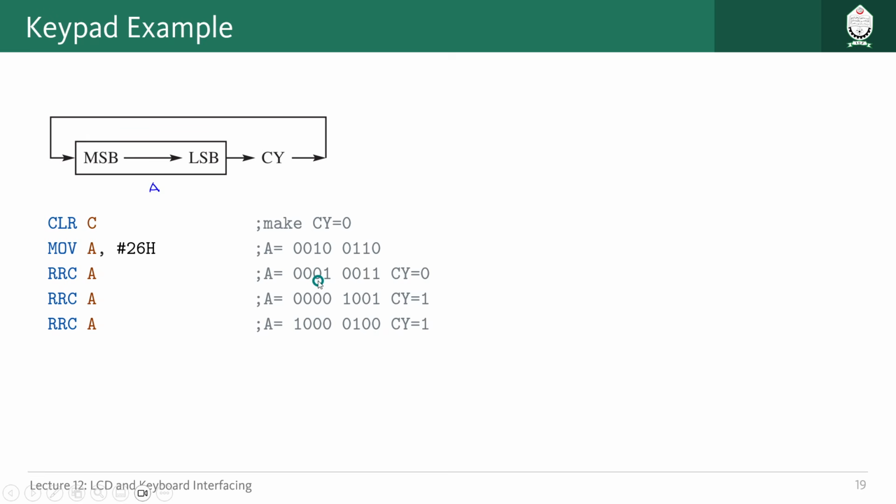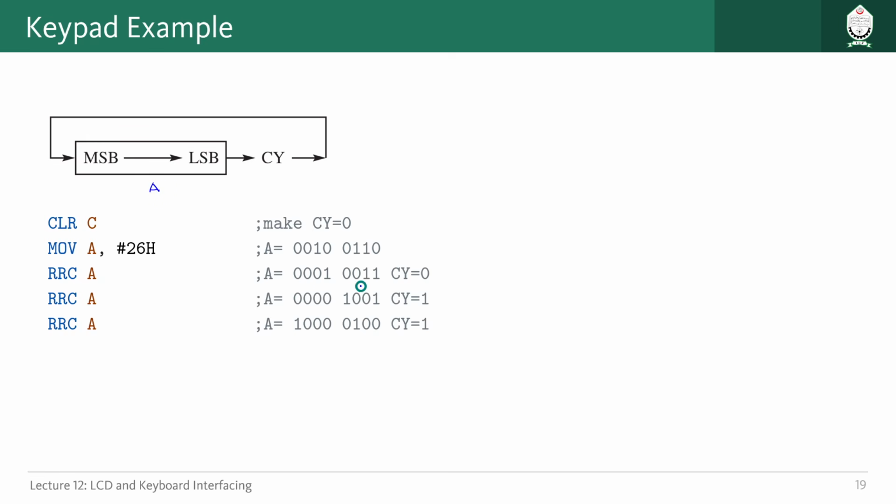Every bit will shift towards the right by 1 bit. So you see this 1 is here, but this 0 value will go to carry, just like from LSB to CY. And initially whatever was stored in carry, which is 0, will come to the most significant bit of register A. That is what is happening, right?